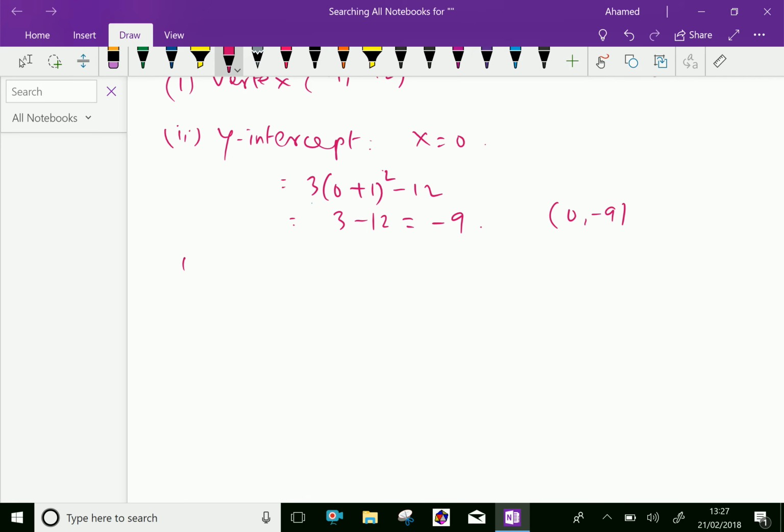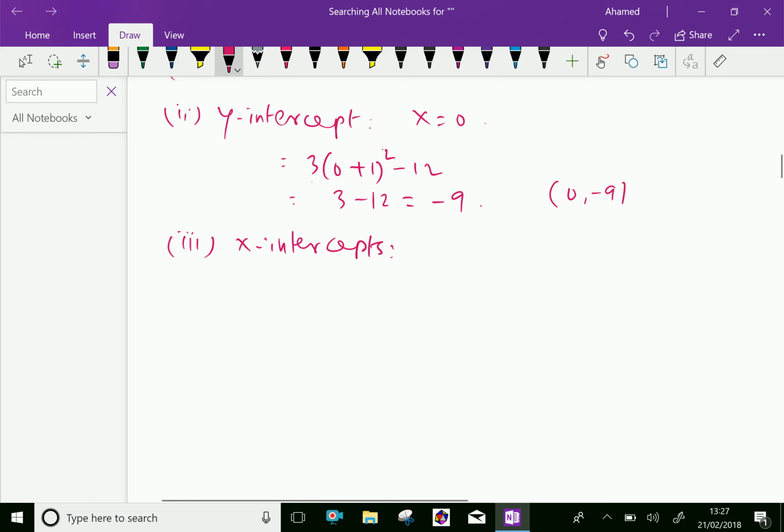Third one, x-intercepts. Here, for the x-intercepts, you have to keep y equal to 0, that is f of x equals 0. F of x is given as 3 into x plus 1 whole squared minus 12, keep it 0.